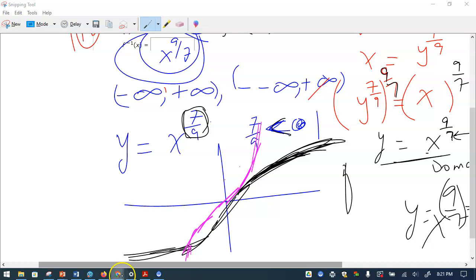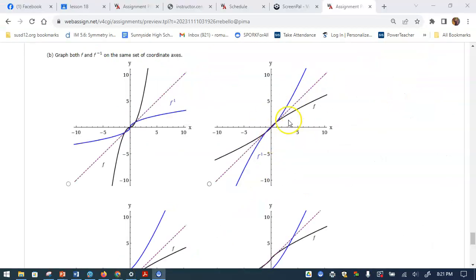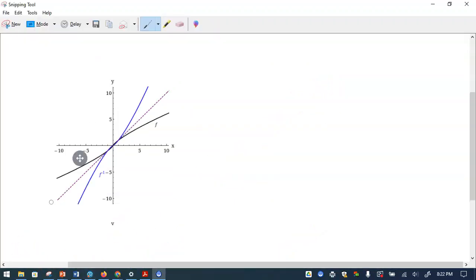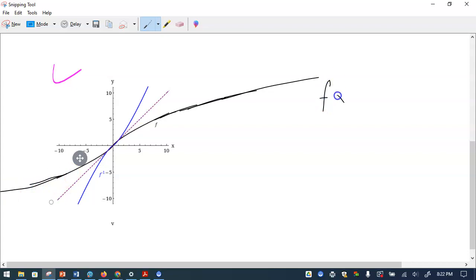So by just looking at it, you can see the f graph, which looks this way. This is the correct one. And the blue one is the reflection of the black. So the question is, why is this the correct answer? I just want to make sure we get it 100%. The black one is the graph of f of x equals x raised to 7 over 9.